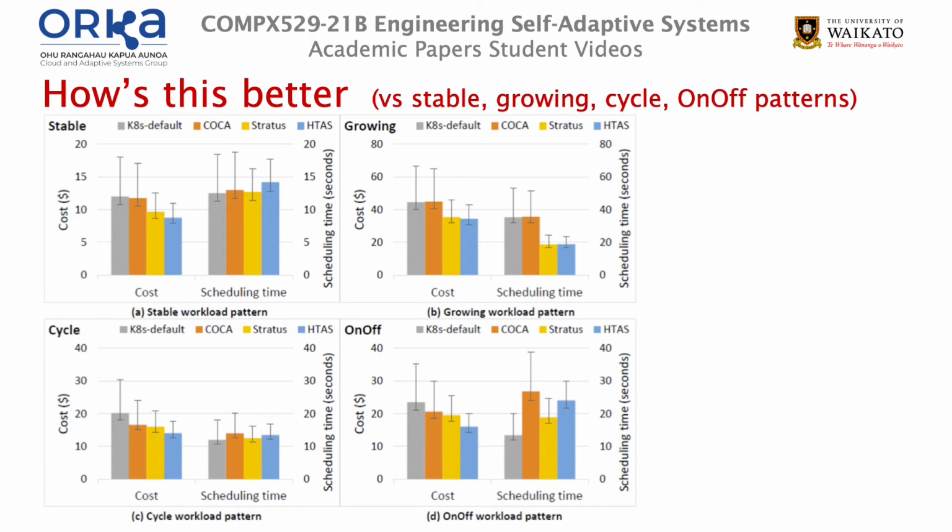And the first set here shows that the HTAS, very top left, the cost is the lowest, but the scheduling time in this one instance is actually higher on a stable load. And then in every other type, the growing, cycle, and on-off, it's winning the cost battle and generally mid-pack by the looks of it on the scheduling time.